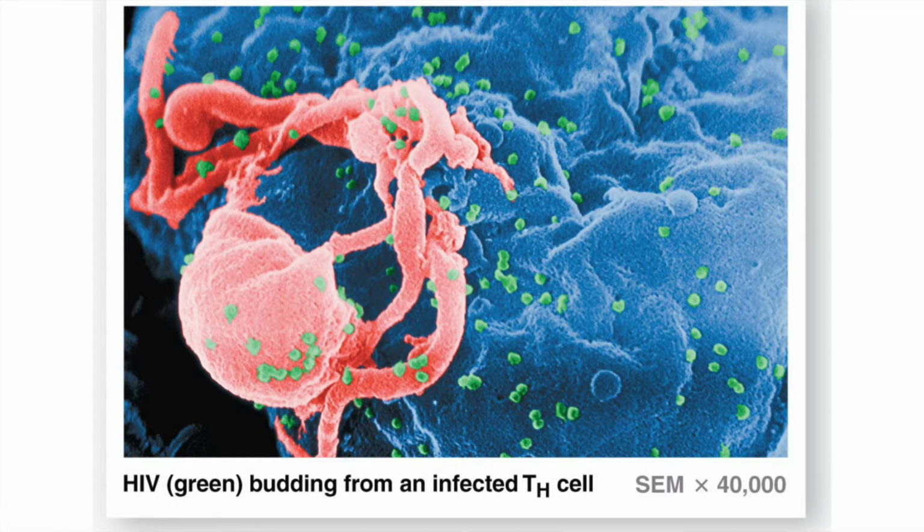It's caused by the HIV virus, which infects helper T cells. And this is a problem because we need those helper T cells to activate the rest of the immune system. So if our helper T cells don't work, nothing works. So the gradual destruction of helper T cells impairs both cell-mediated and antibody-mediated immunity.